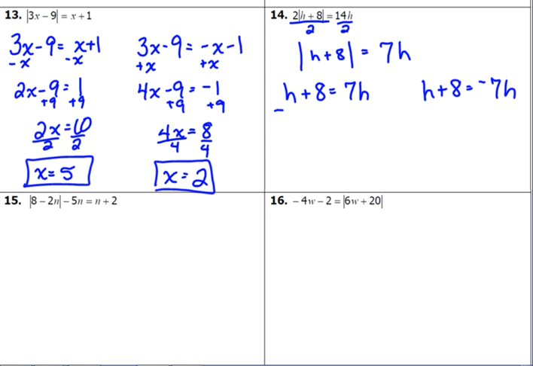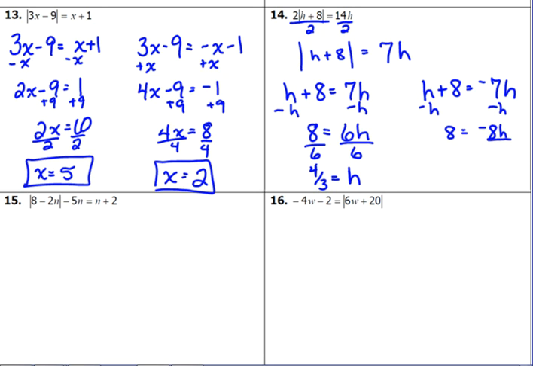Try it sometime. It's not easy. All right, subtract h from both sides. 8 equals 6h. Divide by 6. Both of those are divisible by 2, so that reduces to 4 over 3. Subtract h from this one, we get negative 8h. Divide by negative 8, we get negative 1.